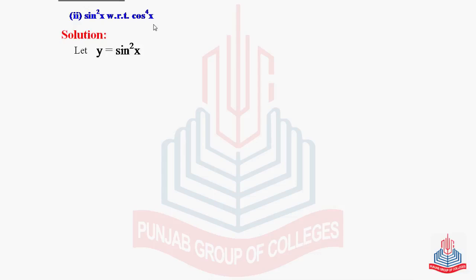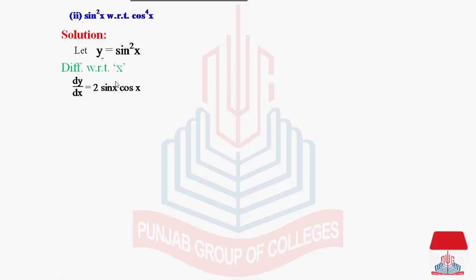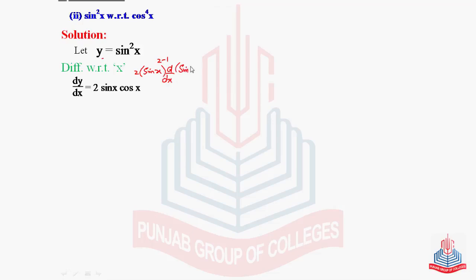Differentiate with respect to x, that will become dy by dx, and when we apply the derivative on sin square x, first we use the power rule, which is 2 sin x containing power 2 minus 1, and then the derivative will apply on this inner function which is sin of x. So we have 2 sin x, and the derivative of sin x will become cos of x.